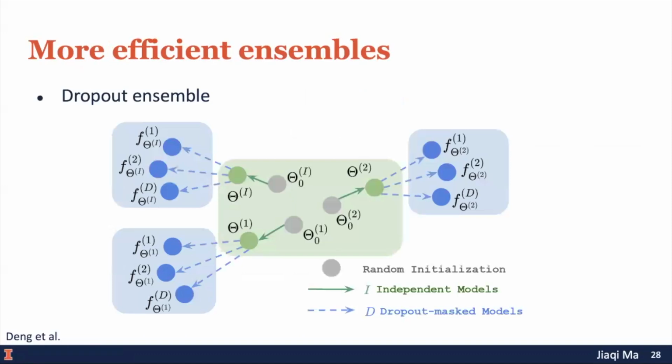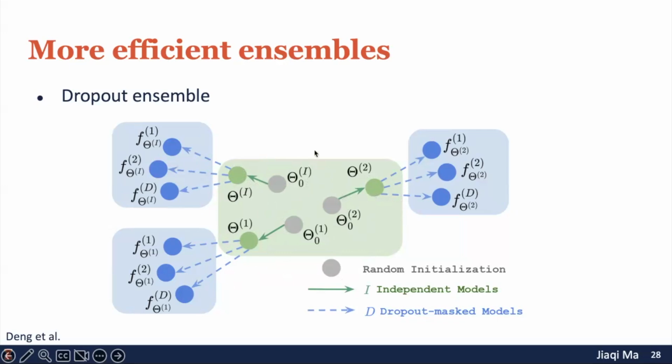One method is to use the dropout masks. The idea comes from the fact that dropout is motivated as an efficient way to mimic ensemble, right? In this figure, the green points represent a handful of independent trained models from different random initialization.